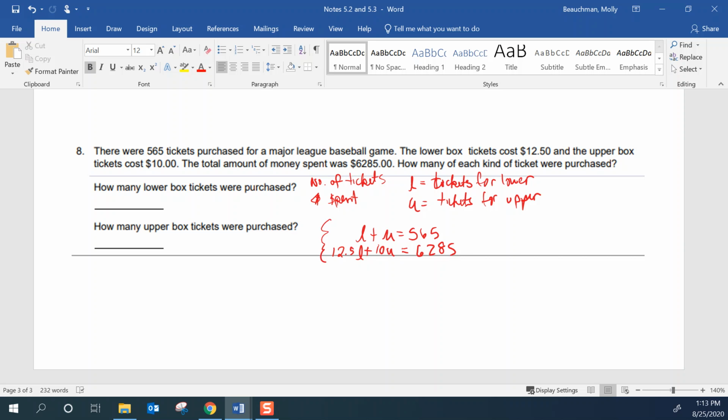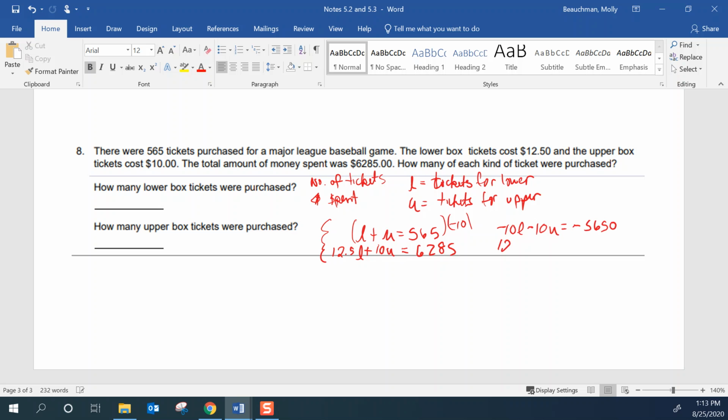So now next step, solve by substitution or elimination. It looks like either way is about the same amount of work. I'm going to use elimination and multiply the top equation by 10. And I want it to cancel with this positive 10, so I better multiply it by negative 10. So I end up with negative 10L minus 10U is equal to negative 5650.